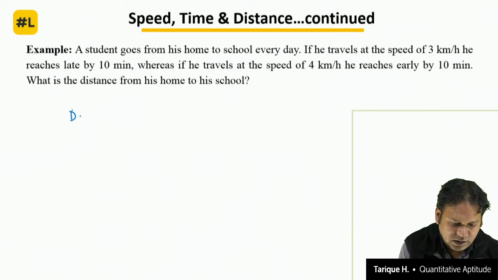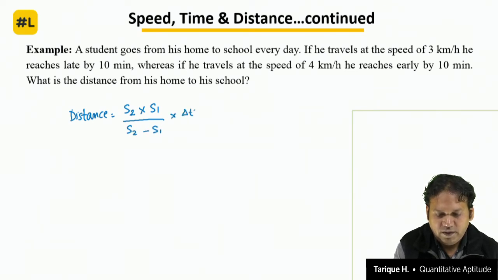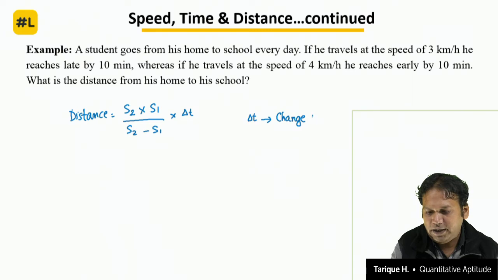Yeah. So the distance formula again I am writing here. Distance is equal to S2 into S1 by S2 minus S1, into delta t, where delta t stands for change in time. And how do we calculate change in time?